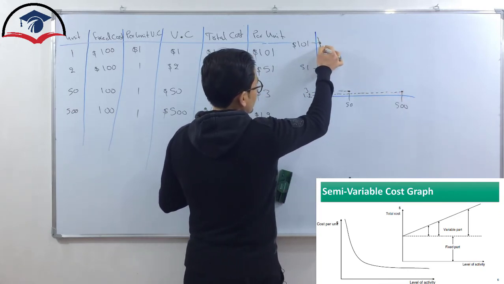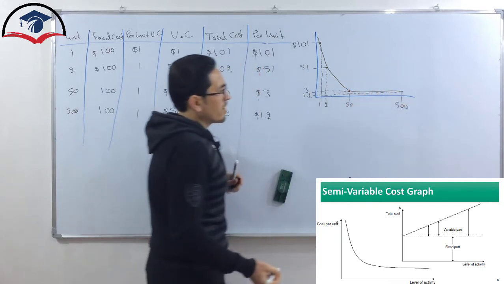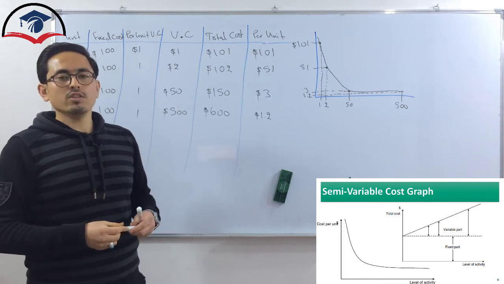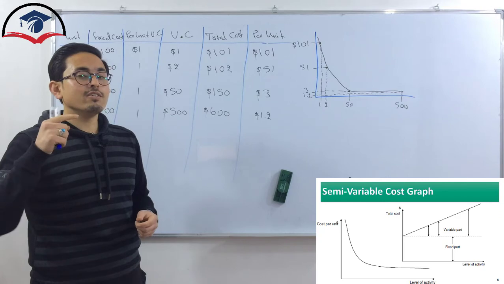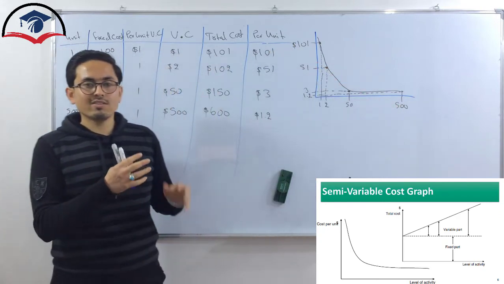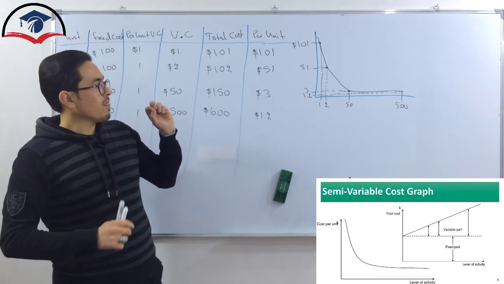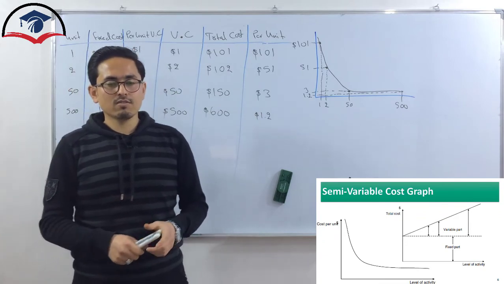So to draw the line, it's the same as fixed cost per unit, a curve. When the level of activity increases, the cost per unit under the semi-variable cost will decline. Of course, the drawing is not good, but you can see the picture at the bottom of the screen.